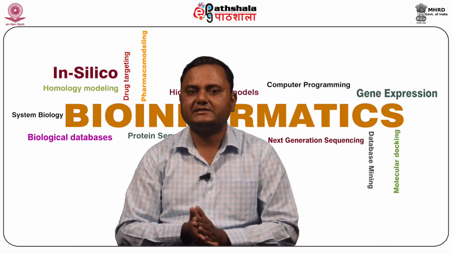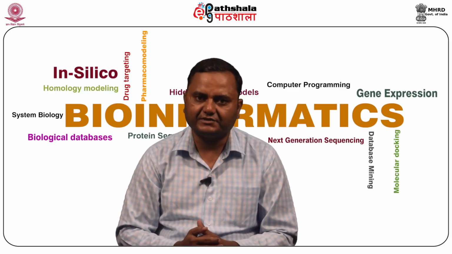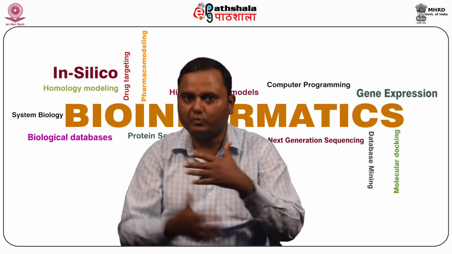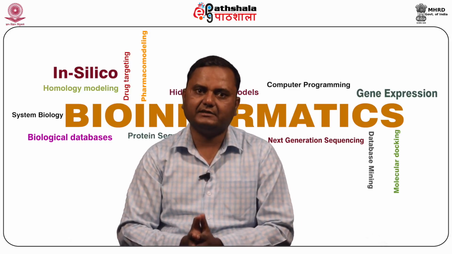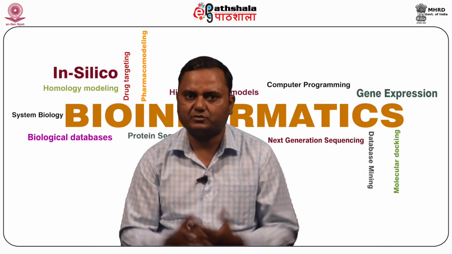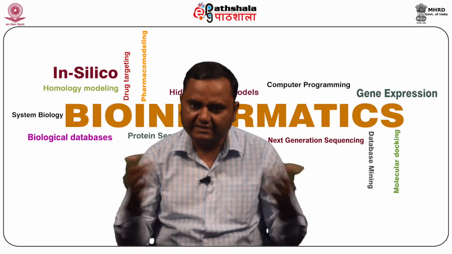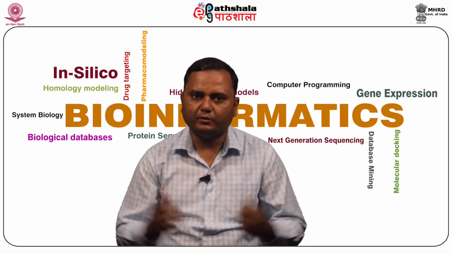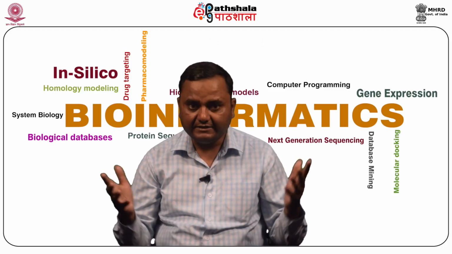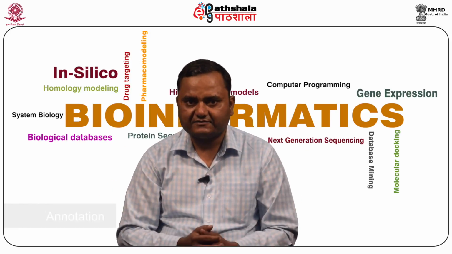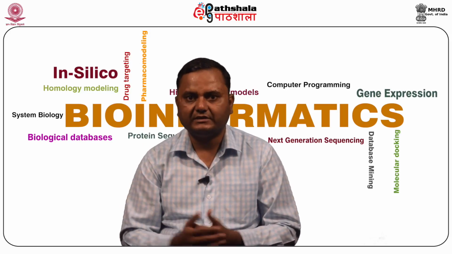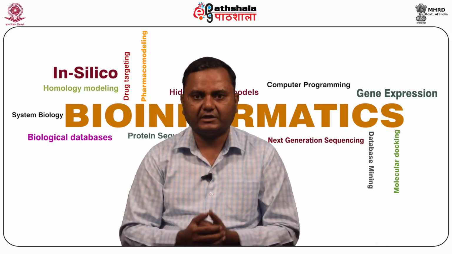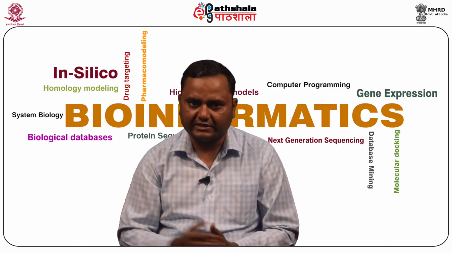Structure is another way to derive function, because structure is more conserved and decides the function of the protein. That's why these analyses can be used to assign function to a protein of unknown function. Annotation transfer is the transfer of function information from a well characterized organism to a lesser characterized organism.